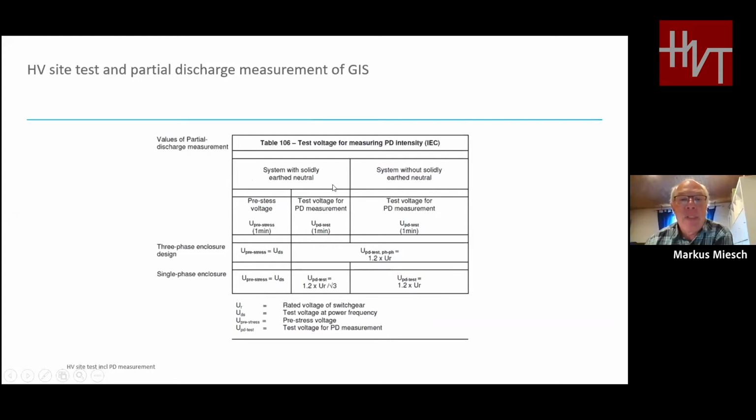In case of a system with solidly earthed neutral, there's a difference between three-phase enclosed design and single-phase enclosed. The single-phase enclosed switchgear has to be tested at 1.2 times UR divided by √3, while the three-phase enclosed design has to be tested at 1.2 times UR. So this is the difference between three-phase enclosed design and single-phase enclosed switchgear during the PD measurement.